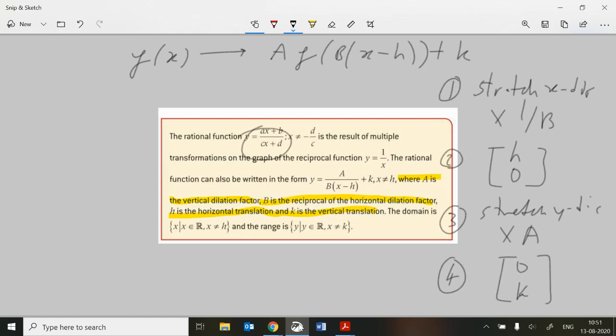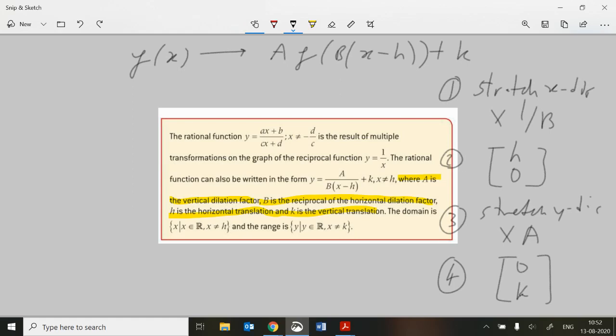Okay, so if we can write rational functions like this, that's going to be the next bit. If we can write rational functions like this, then we can draw those functions by doing these transformations from our original 1 over x. Now all that stuff I've highlighted in yellow is essentially this. They've done it slightly different. They've said where a is a vertical dilation.